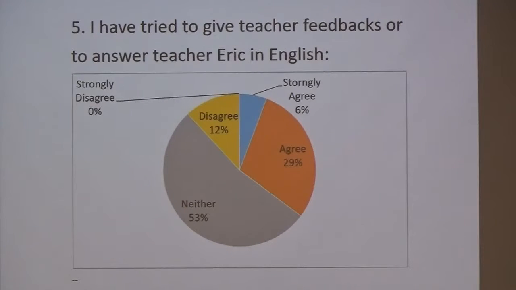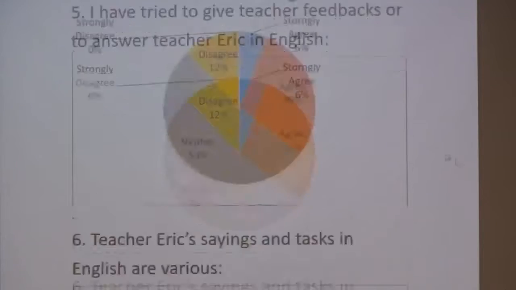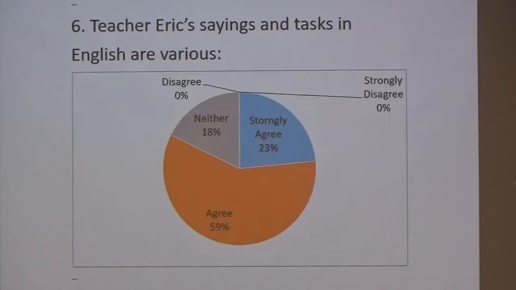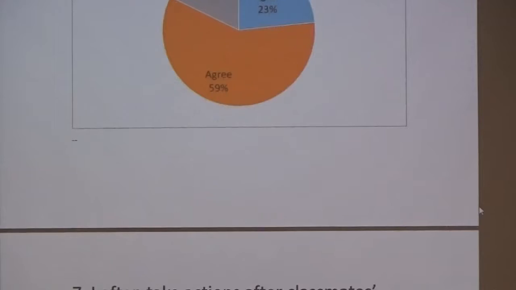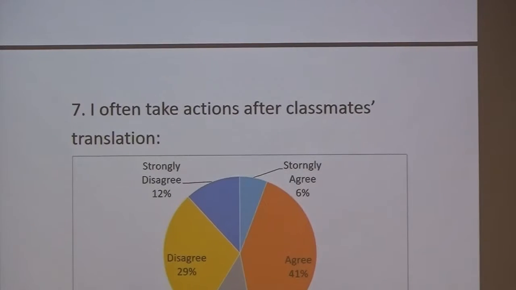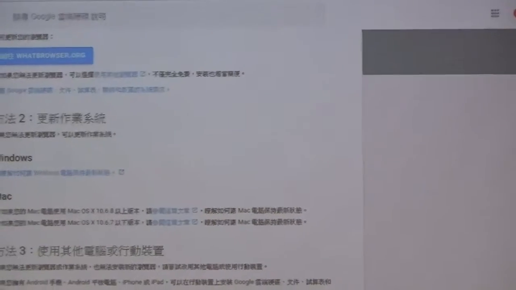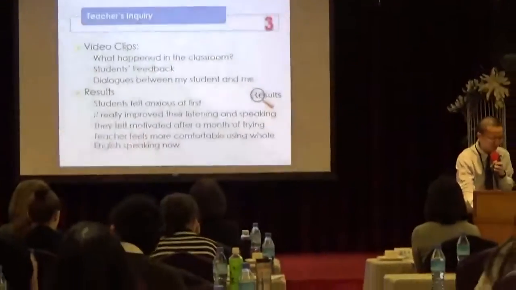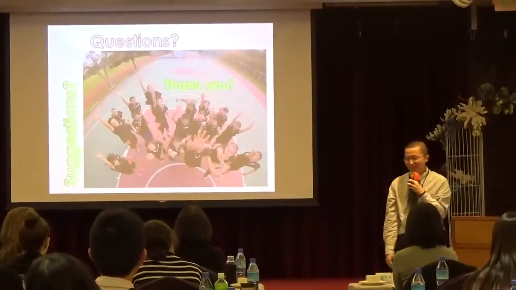But most of them won't give me feedback or answer my question in English. They just do the movement, so I feel a little bit sad about that. If you want to know more, you can come to me. Okay, thank you.